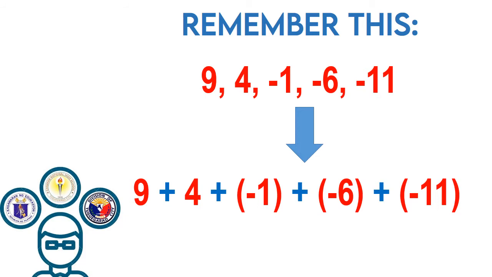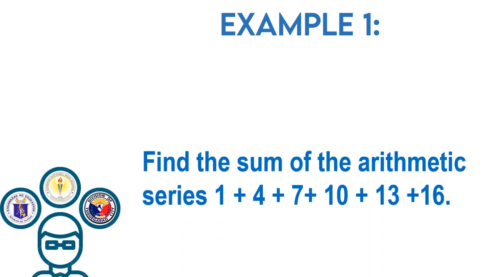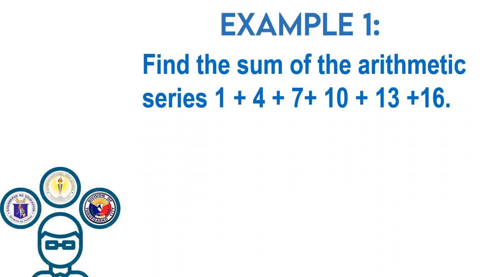Knowing what arithmetic series is, we are now ready to solve some problems, class. Let us try the first one. Find the sum of the arithmetic series 1 plus 4 plus 7 plus 10 plus 13 plus 16.